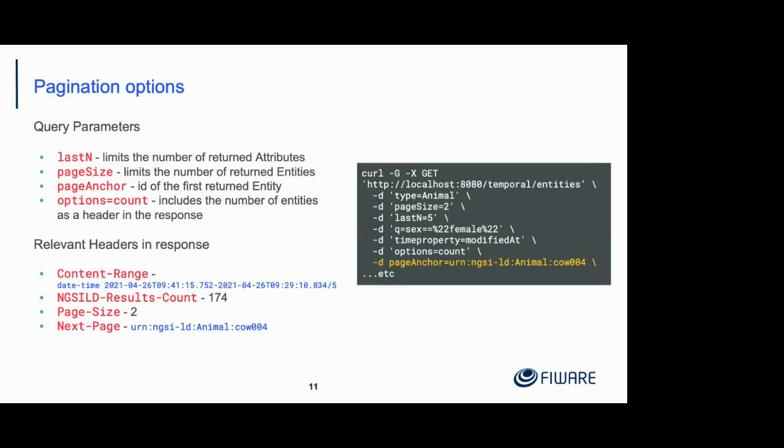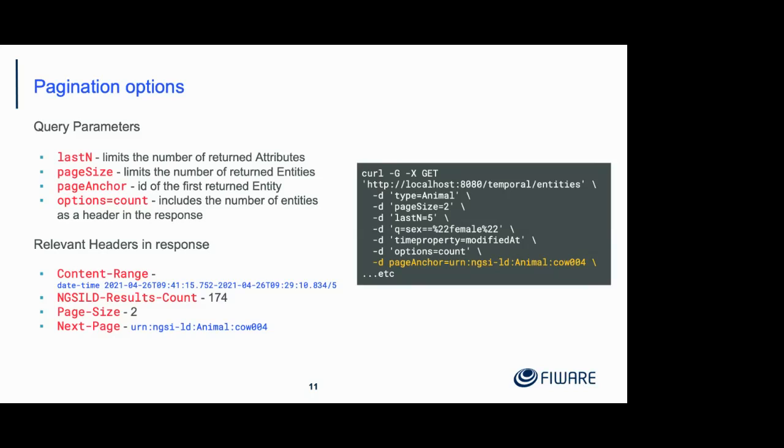Page size is an echo of what you sent beforehand, saying, yes, I am returning what you requested. You requested 2 animals. I am giving you back 2 animals. But as you can see, 2 is lower than 174, so I have more animals I could request.